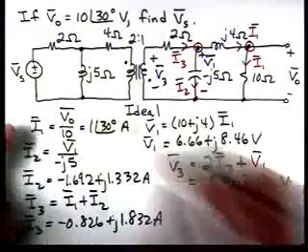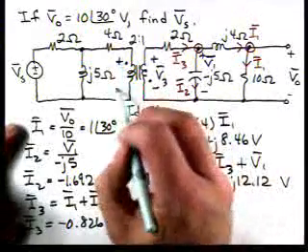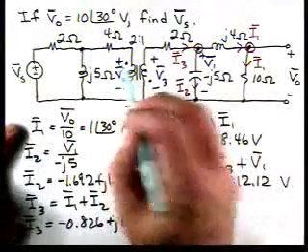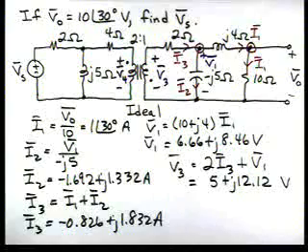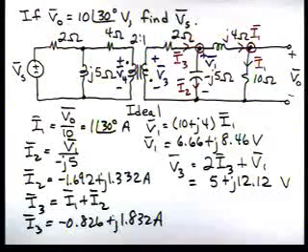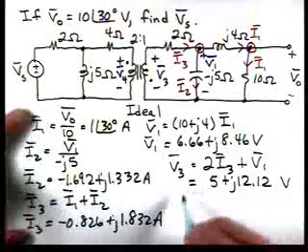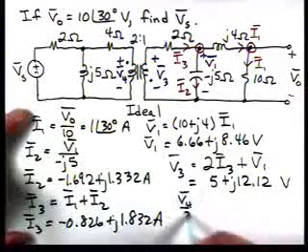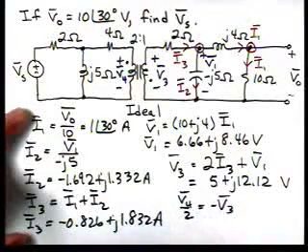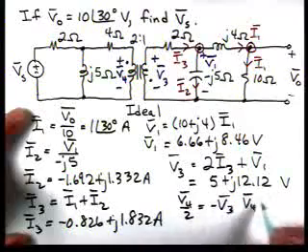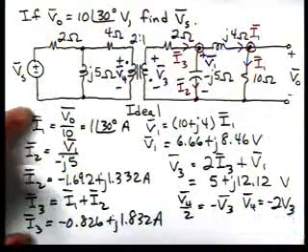Let's let this voltage be V4. If we note that V4 is polarized at a dotted terminal and V3 is polarized at an undotted terminal, then we have V4 over 2 is equal to minus V3, or V4 is equal to minus 2V3.